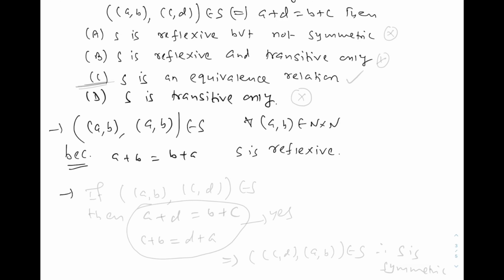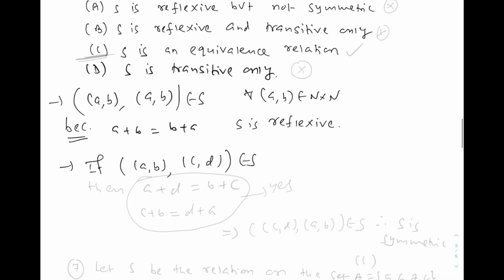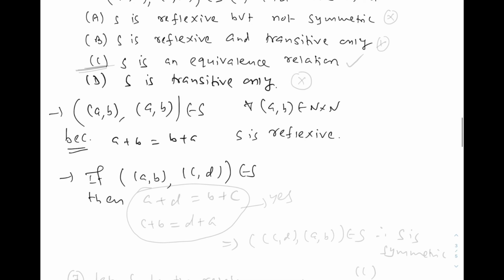Okay. Now if (a, b), (c, d) belongs to S, then it is a plus d equal to b plus c. We would like to check the symmetric.